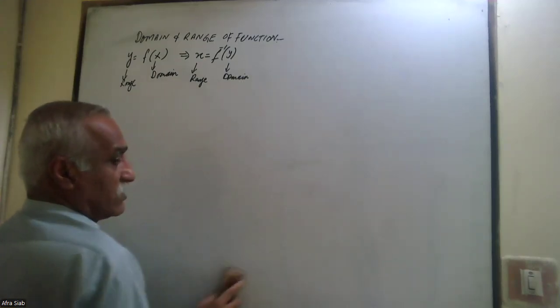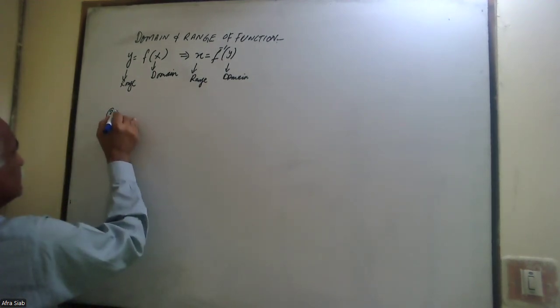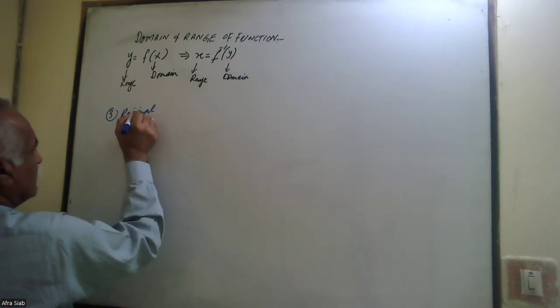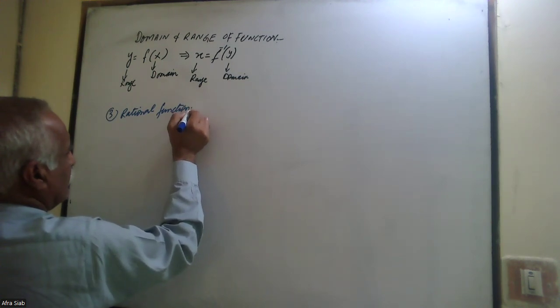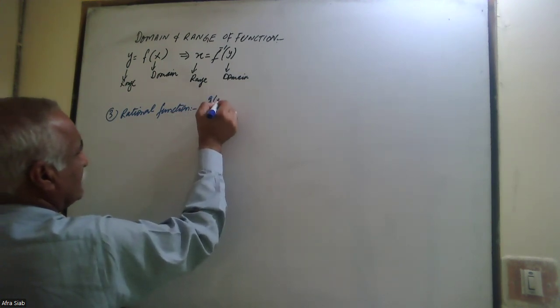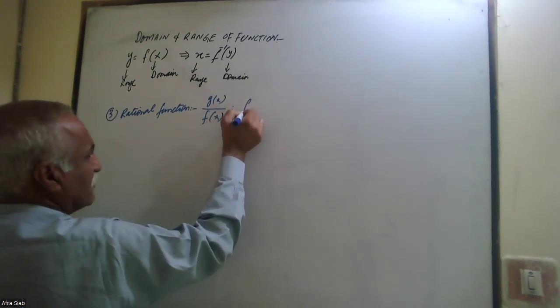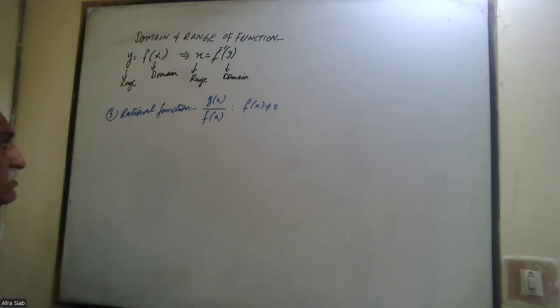Which is known as the rational function. It is given like this, g of x over f of x, in the form of a fraction, where f of x should not be equal to 0.